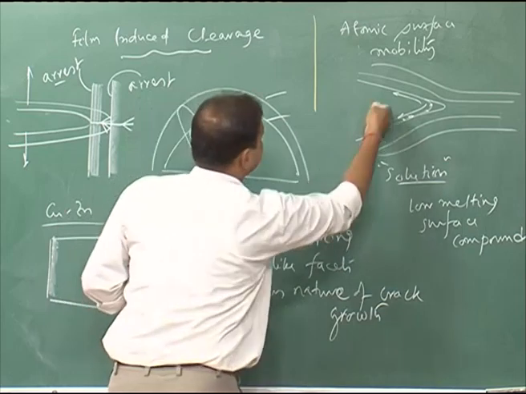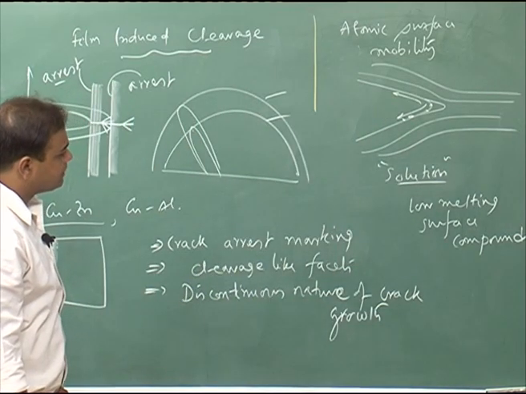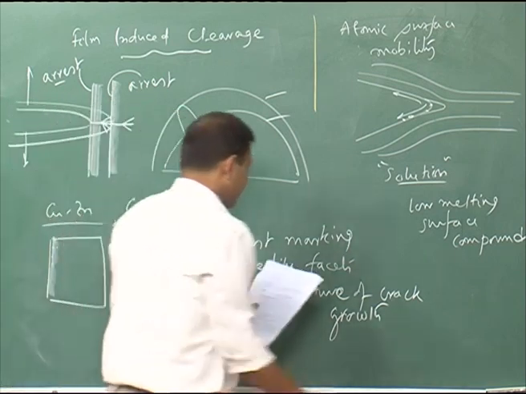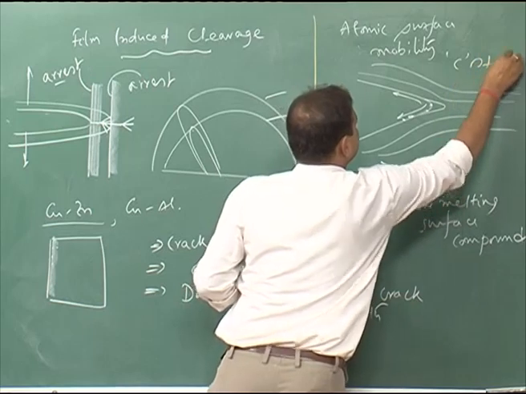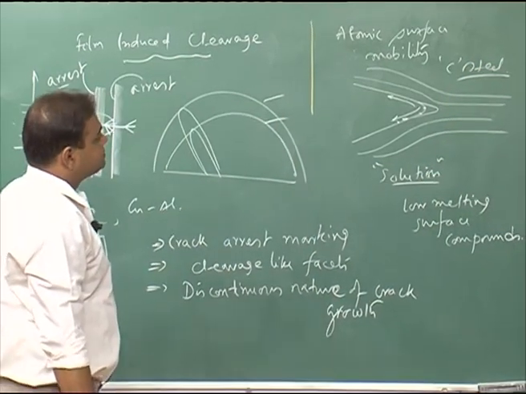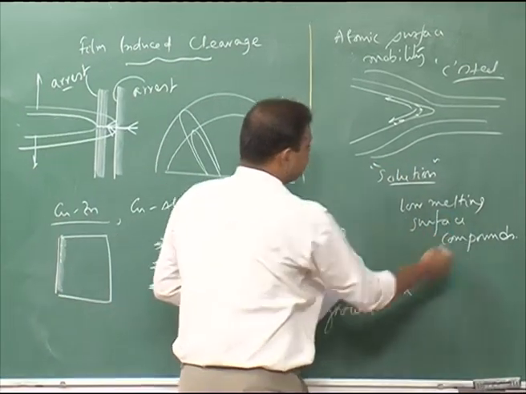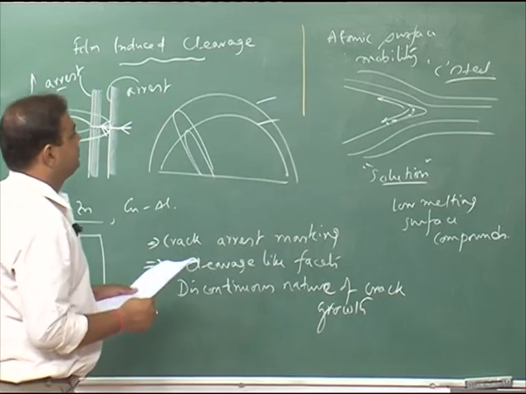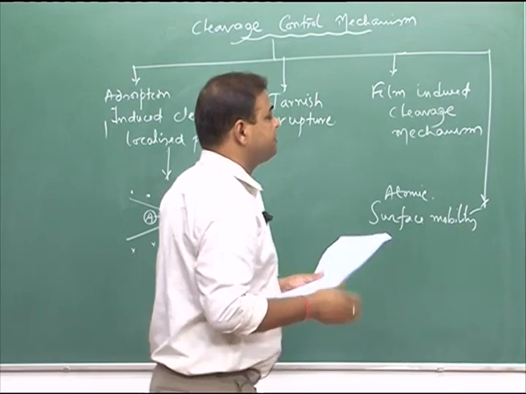This atomic surface mobility is related to low melting surface compounds, and one example is carbon steel. For example, carbon steel cracks in the presence of nitrate solution, and that is due to low melting surface compound formation. So, these are, in broad terms, the cleavage control mechanisms.